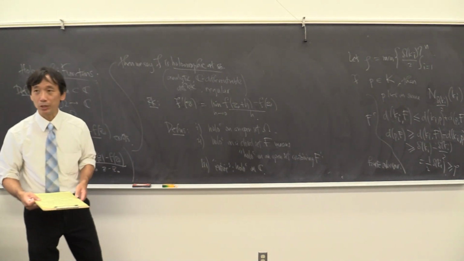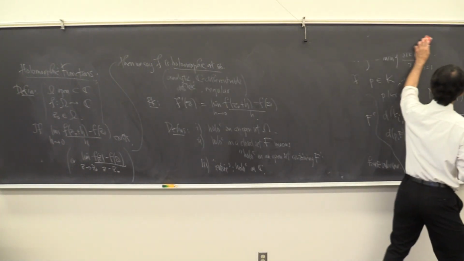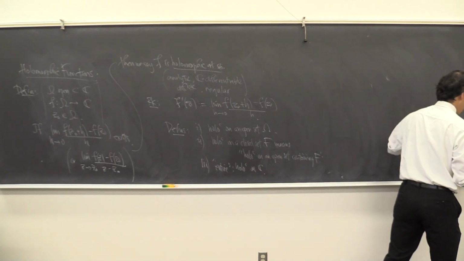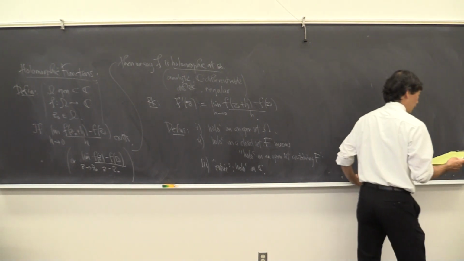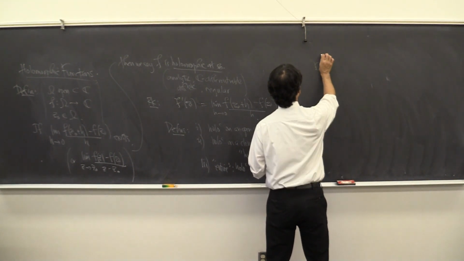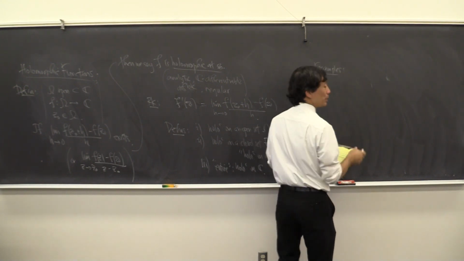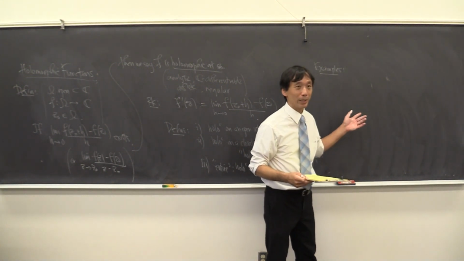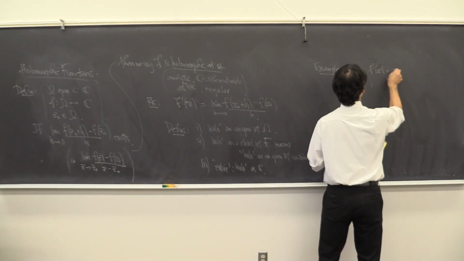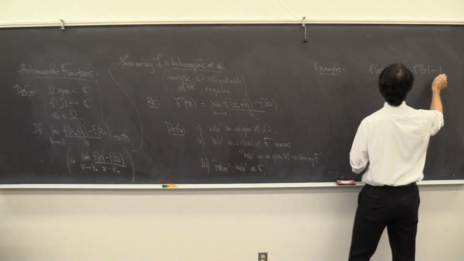Later on we'll talk about entire functions. Some easy examples: you can just use the same calculations that you did back in calculus to see that if f of z is z, then f prime is 1.